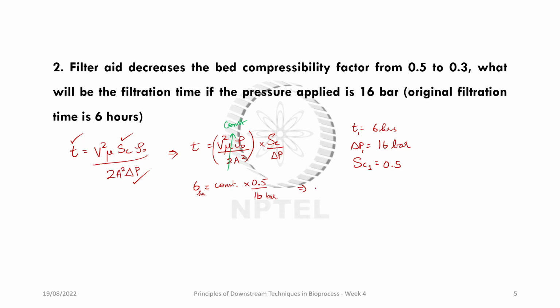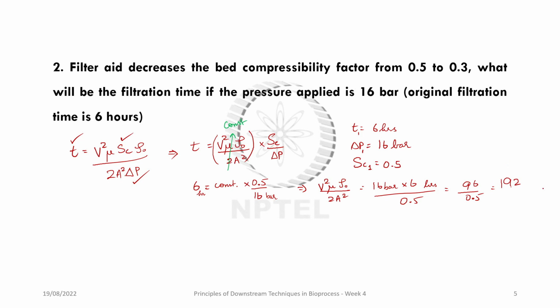So which means the constant, which is V square mu into rho naught whole divided by 2A square, is equal to 16 bar into 6 hours whole divided by 0.5. What is that? 16 into 6 is 96, divided by 0.5, that's 192.